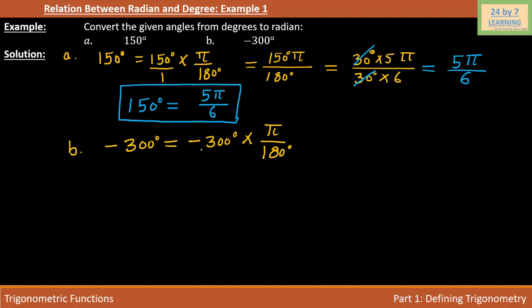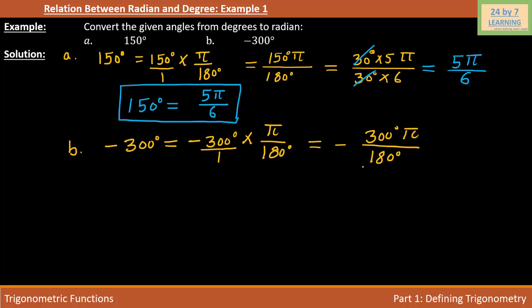As you can see, I have 1 in the denominator with 300. So I'm going to multiply numerator with numerator and denominator with denominator. The negative sign comes here, and then 300 degrees times pi, and in the denominator I have 180 degrees.